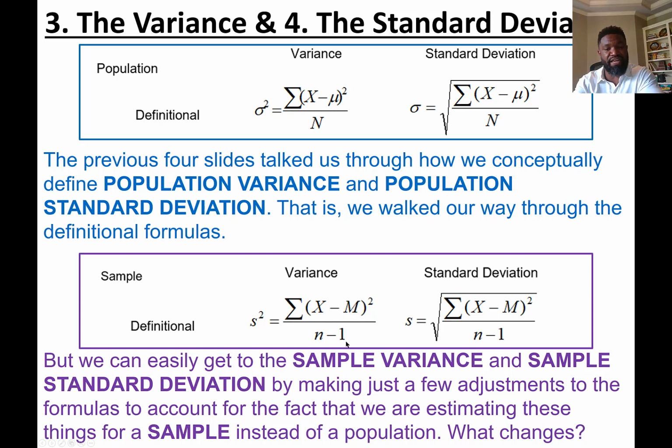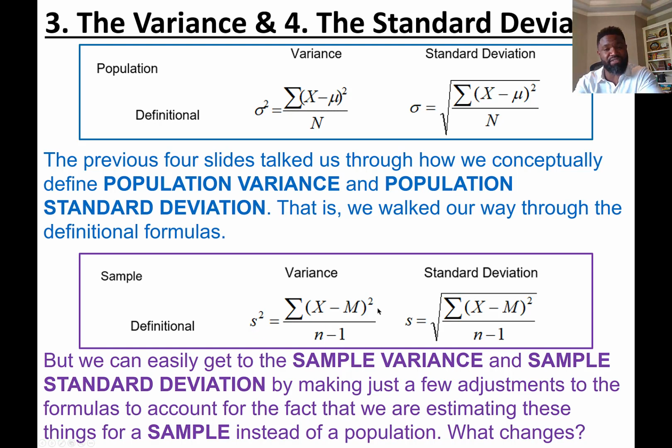You're going to divide it by n minus 1 for a very important reason that we'll cover in a second. And the third difference is the nomenclature. It's no longer rho squared, because rho squared refers to a population variance. When we're talking about the sample variance, it's s squared. Those are your three differences.